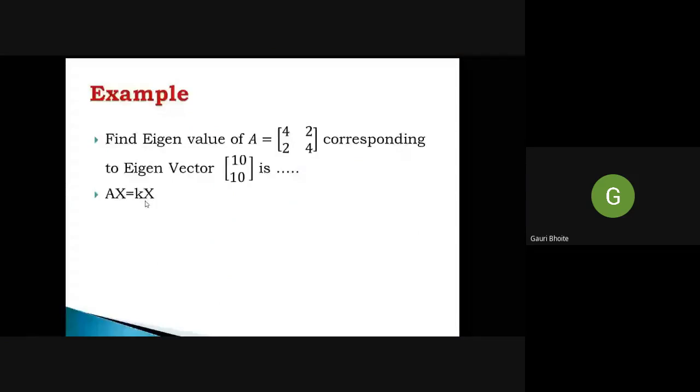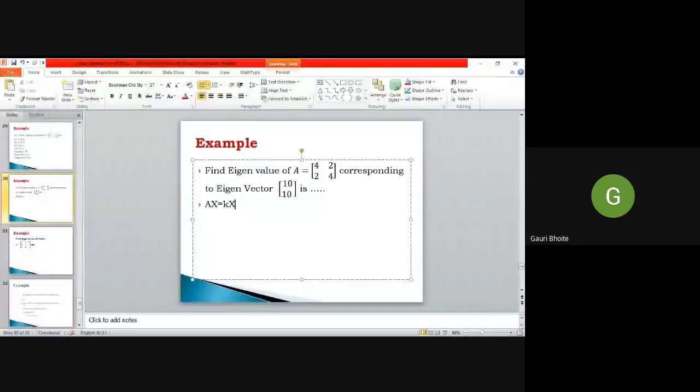Anybody come up with an answer? What is the eigenvalue corresponding to this? Now it is too late, but just try it.